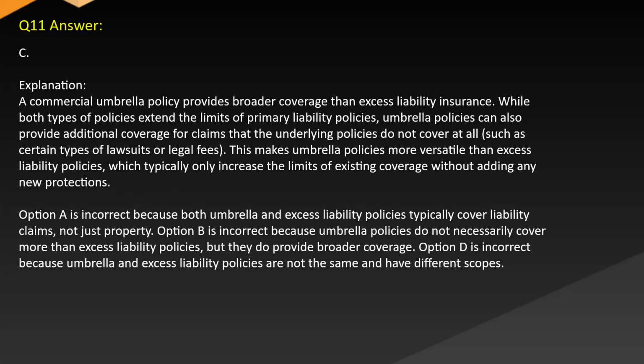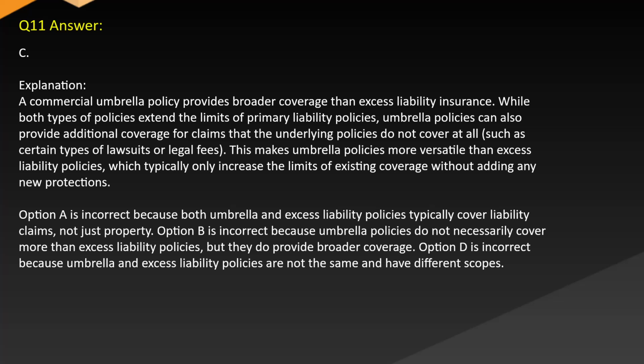Explanation. A commercial umbrella policy provides broader coverage than excess liability insurance. While both types of policies extend the limits of primary liability policies, umbrella policies can also provide additional coverage for claims that the underlying policies do not cover at all, such as certain types of lawsuits or legal fees. This makes umbrella policies more versatile than excess liability policies, which typically only increase the limits of existing coverage without adding any new protections.